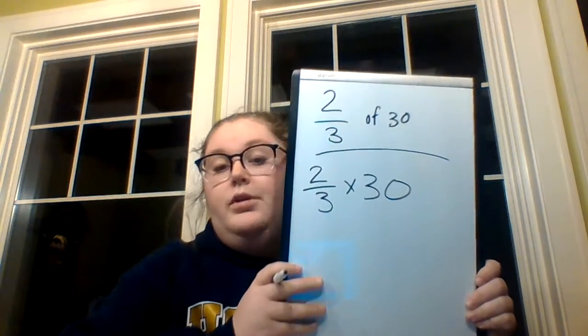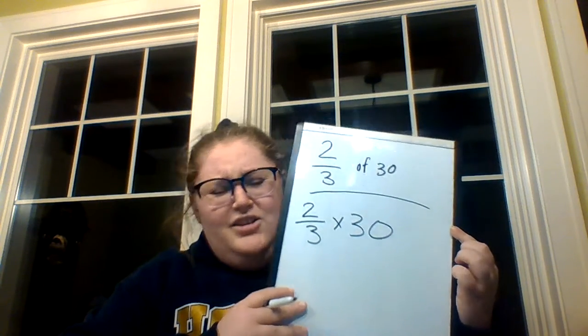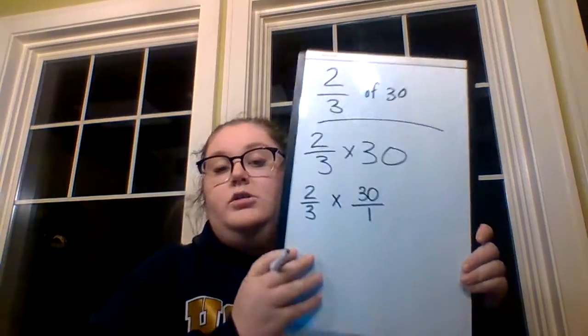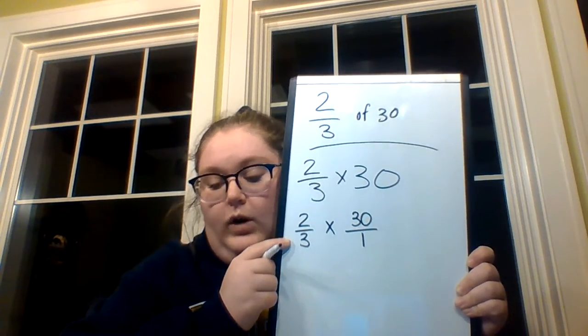So I'm going to take 2/3 and I'm going to multiply it by 30. So you're asking, how am I going to do that? This isn't a fraction. I'll tell you. We are going to take 2/3, and then because 30 is a whole number, we already know it's going to be over 1. So it becomes like this: 2/3 times 30 over 1.